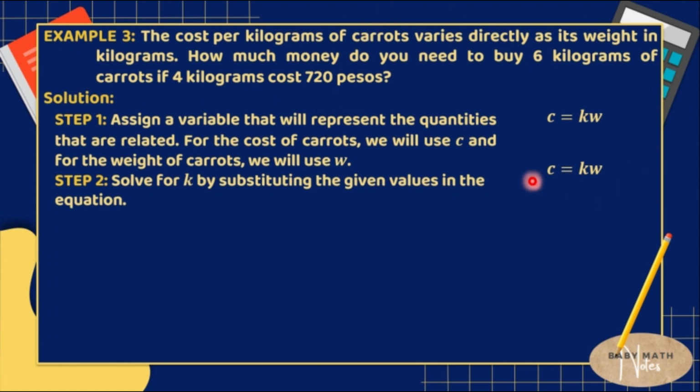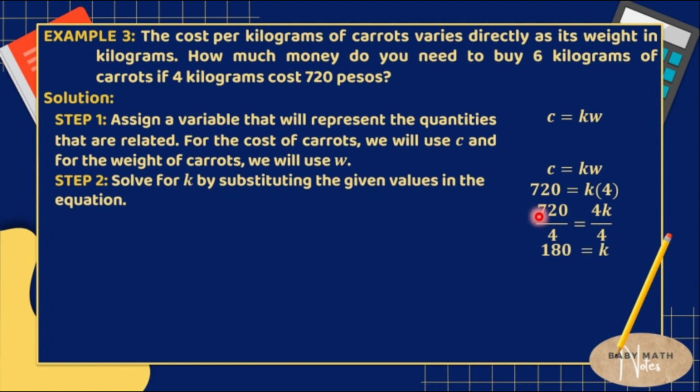And the given are, ang sabi dito, kapag 4 kilograms daw, ang halaga daw niya ay 720 pesos. So, we are going to substitute to our mathematical equation. So, 720 pesos yung 4 kilos na carrots. Now, let us solve for k by dividing both sides by 4. Okay. So, ang matitira na lang dito is k, and then you are going to divide 720 divided by 4.